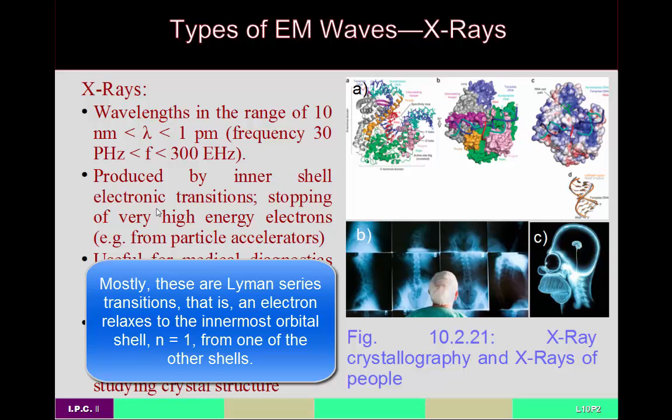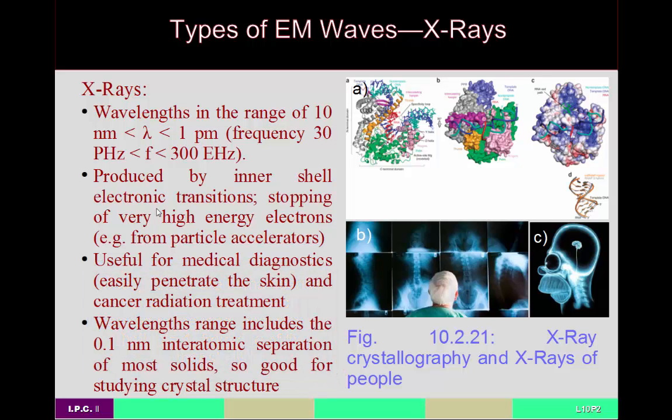So for example, if you have uranium, let's say, and you have an electronic transition from n equals 2 to n equals 1 shell, odds are you're going to be producing, in fact, in that case, you are going to be producing an X-ray.